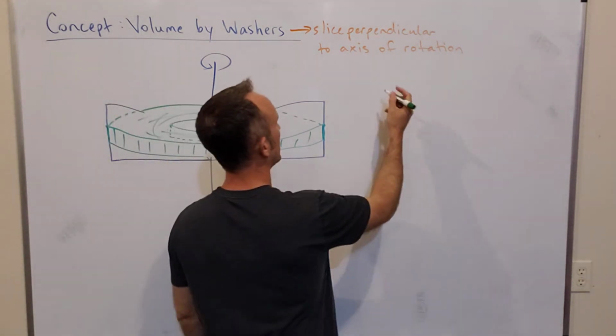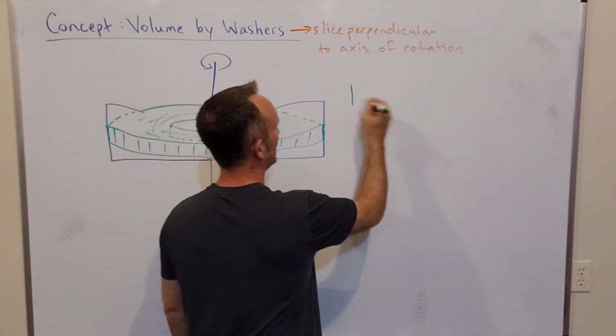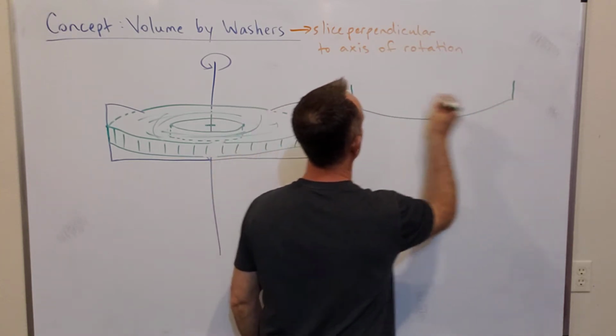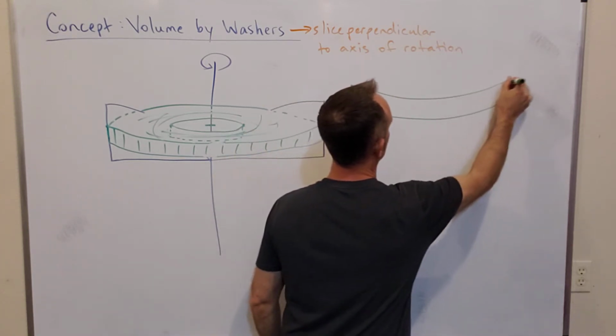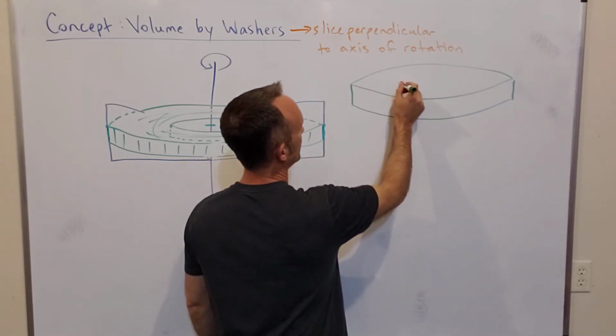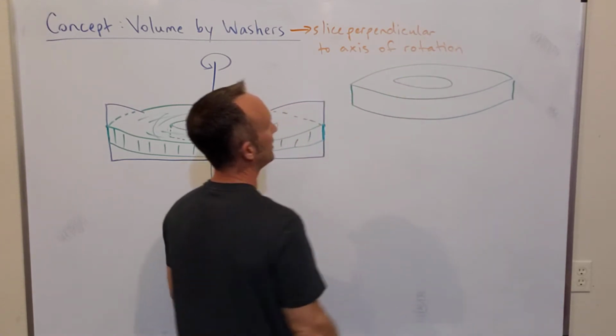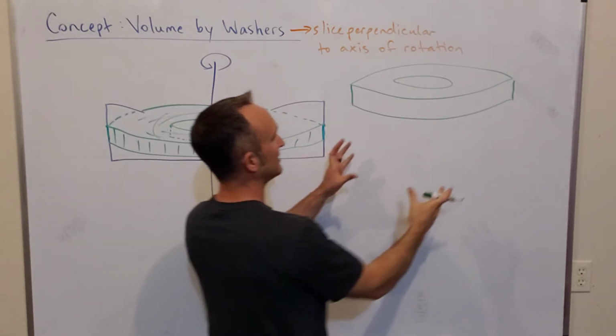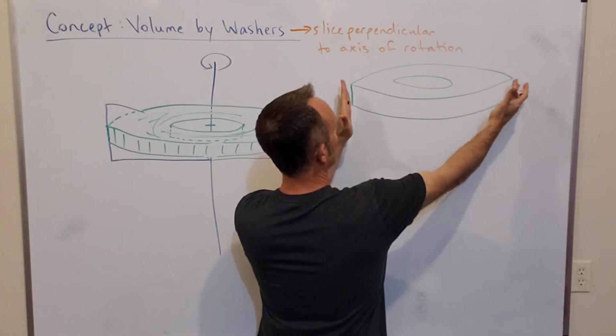Well, if I were to draw it over here, it'll be easier to see. Okay, so there's a disk, and then you just remove the center. Okay, so that's a washer, and basically it's the volume of the outer disk.